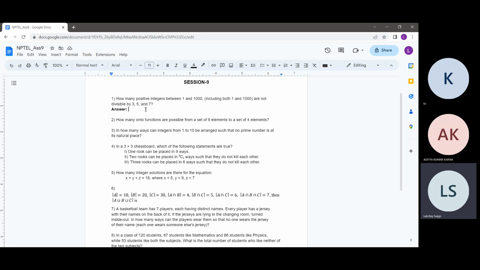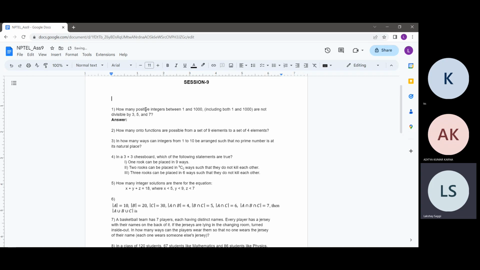First of all, what is the inclusion and exclusion principle? I'll just write down the basic definition to remind you guys. Principle of inclusion exclusion. I'll write it for three sets.